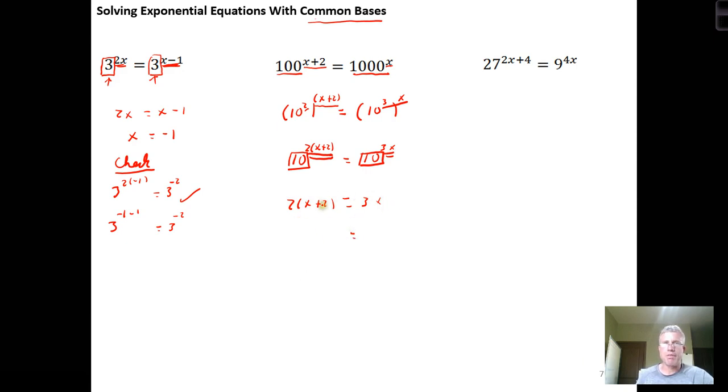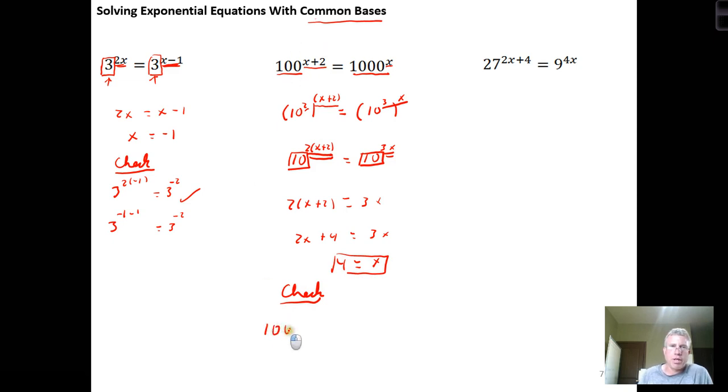And now I just have a linear equation in a single variable, so I use techniques from algebra to solve. Distribute the 2, subtract 2x from both sides, and that's going to leave us with x equal to 4. And again, if you wanted to check your work, you would take this 4 that you think is the answer and plug it into each of the two exponential expressions up here.